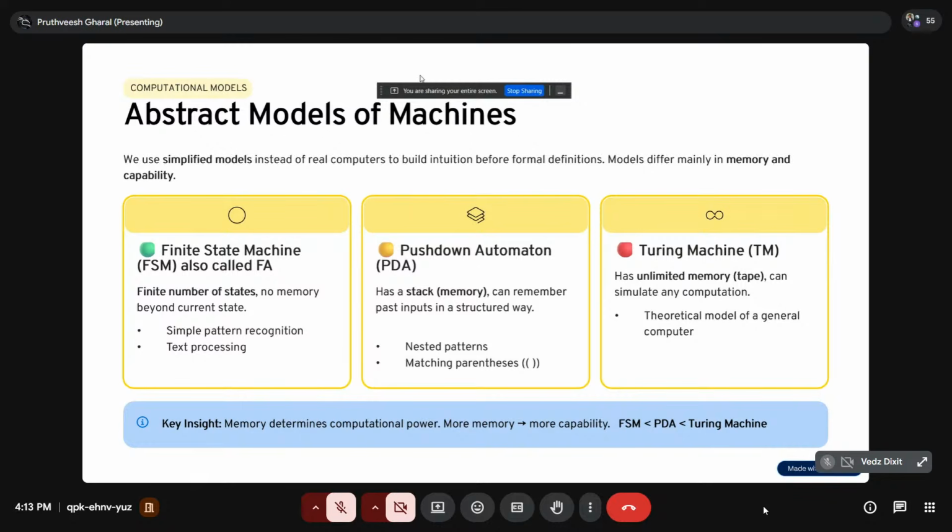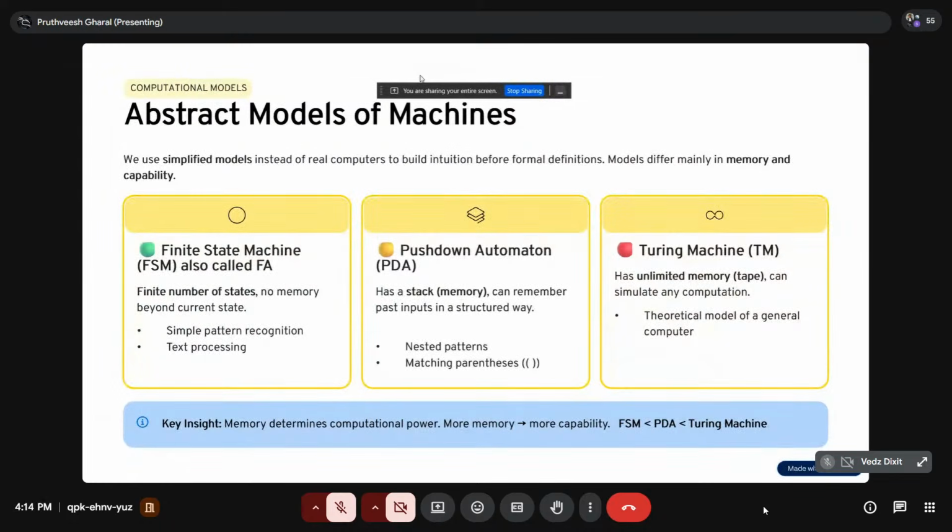So let's say a traffic light is in the stop state. It only knows that it is in the stop state. It does not know which state it was in before this state. If a traffic light is in the stop state, it will only know that it is in the stop state. The next state it has to go to is the go state, which is depicted by green.